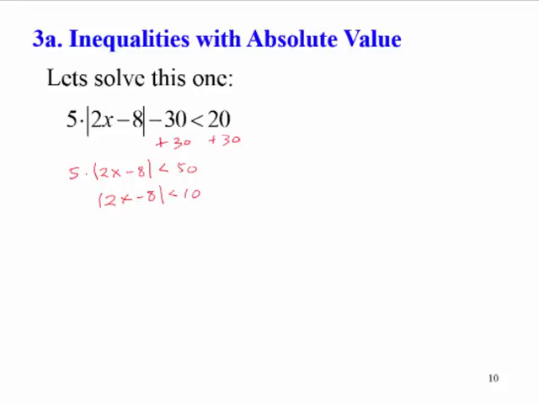Now we can break this up. It's a less than case. So we have 2x minus 8 is less than 10, but also has to be greater than minus 10, because if it's more negative, we take the absolute value, it becomes greater than 10. And add 8 to all sides.